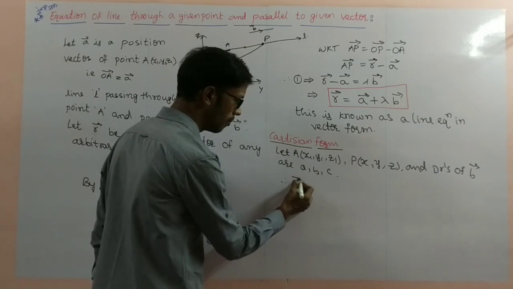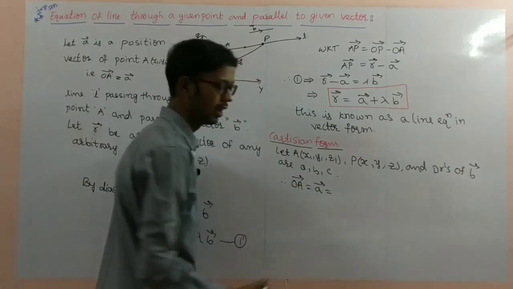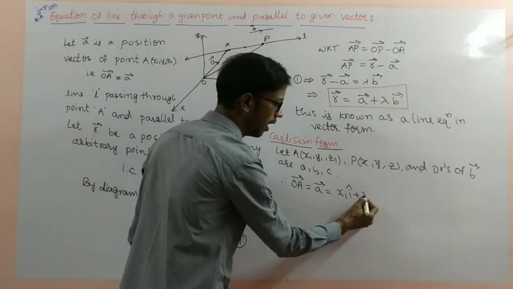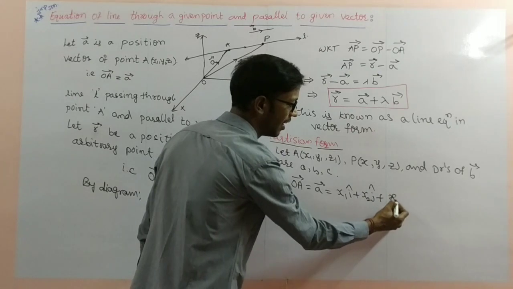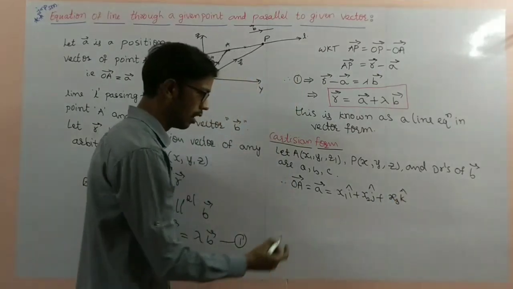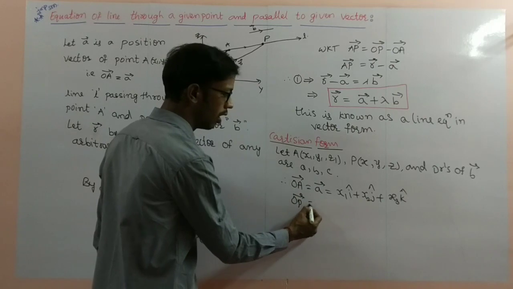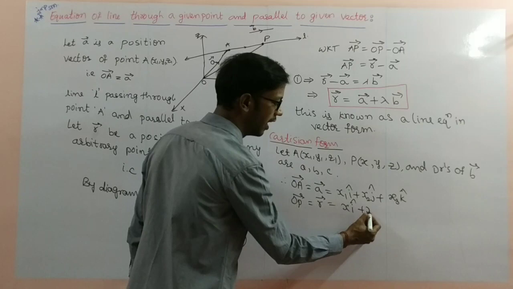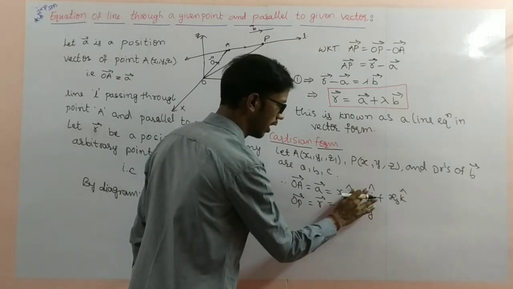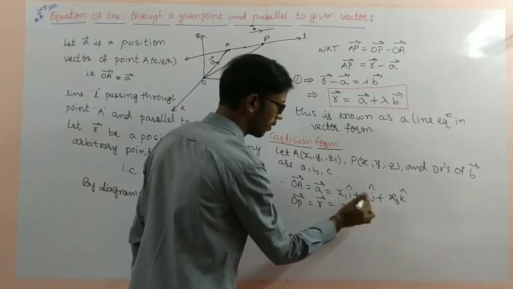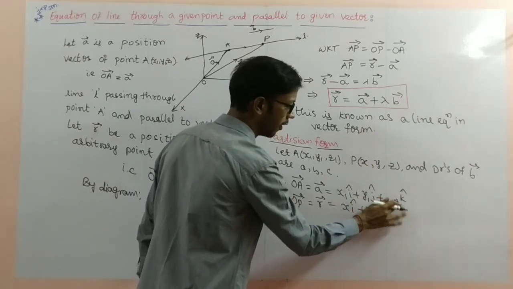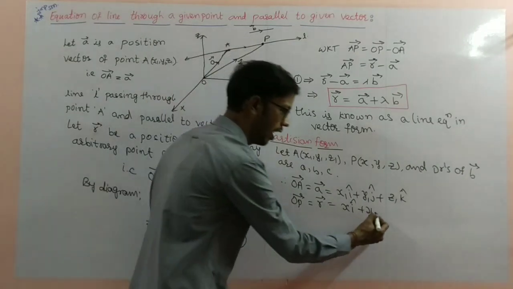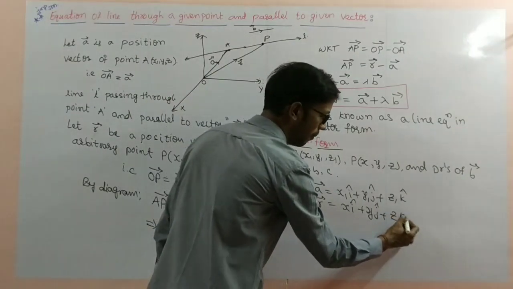Therefore OA bar equals A bar equals x1 i cap plus y1 j cap plus z1 k cap. OP bar equals R bar equals x i cap plus y j cap plus z k cap.